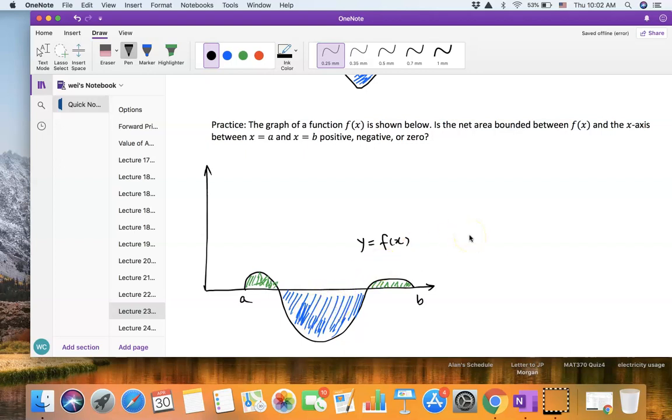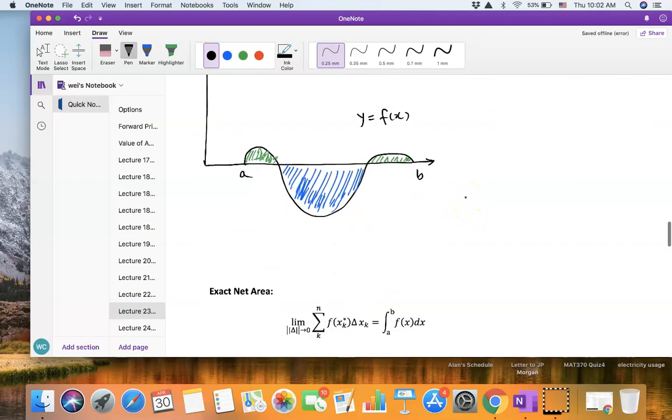Therefore, the net area here is negative. Okay, so the answer is negative.